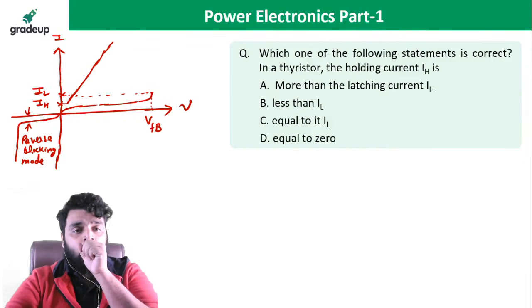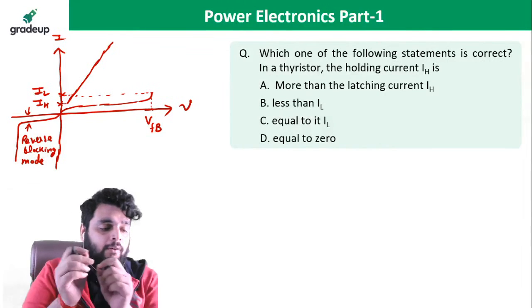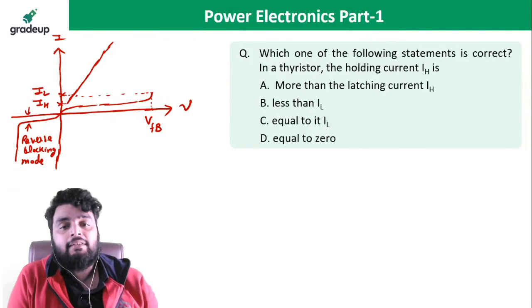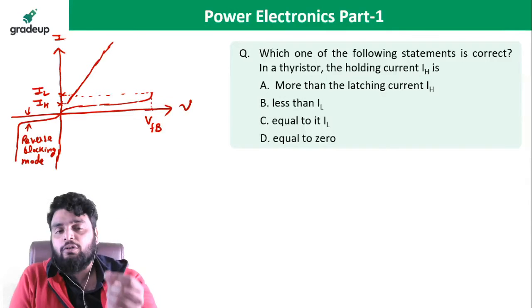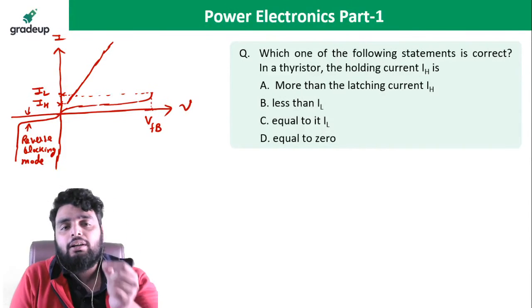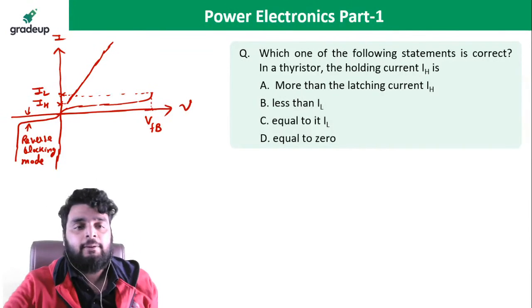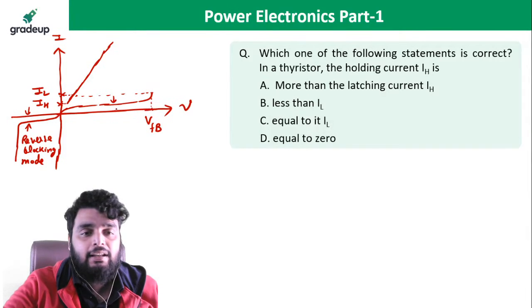Now, when your thyristor is forward biased, one thing you should know: an SCR can block the voltage when it is forward biased. So in forward bias, SCR acts in the forward blocking mode.